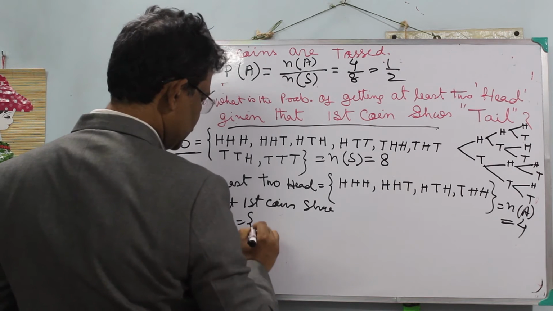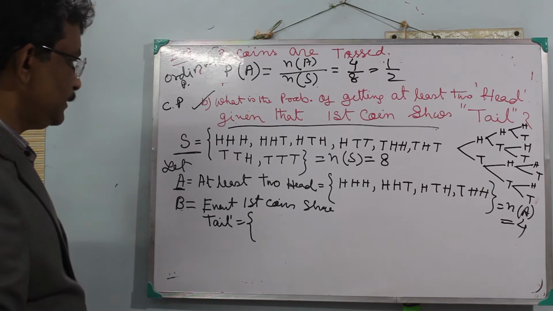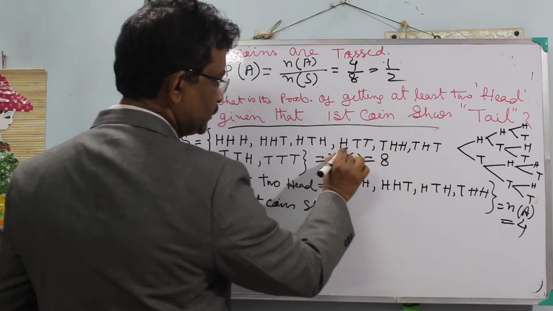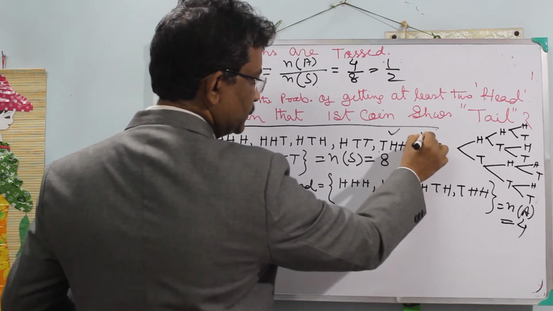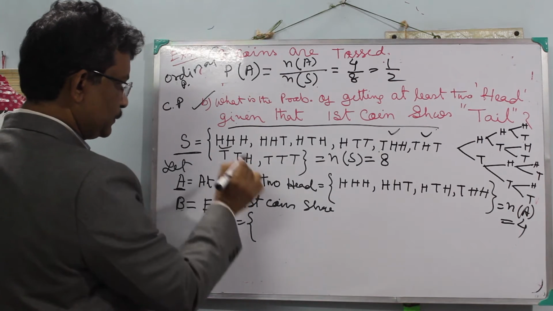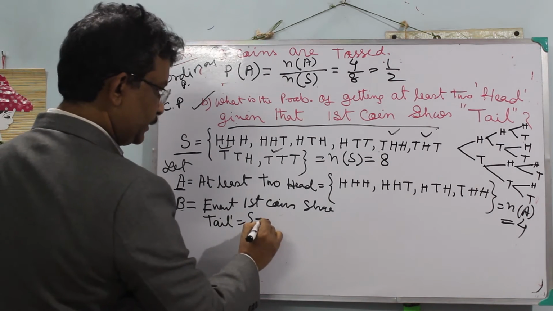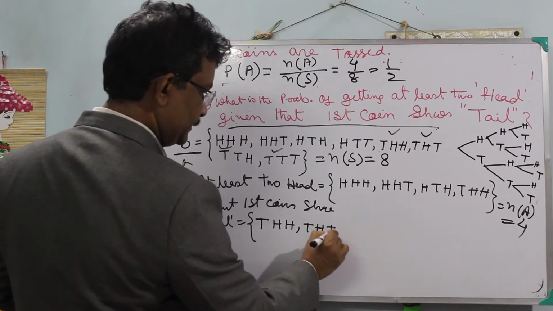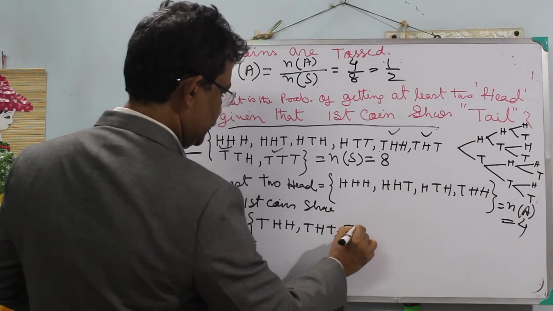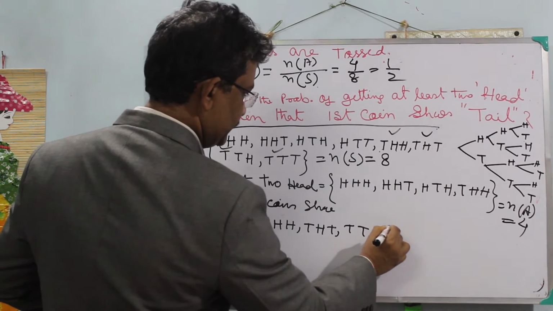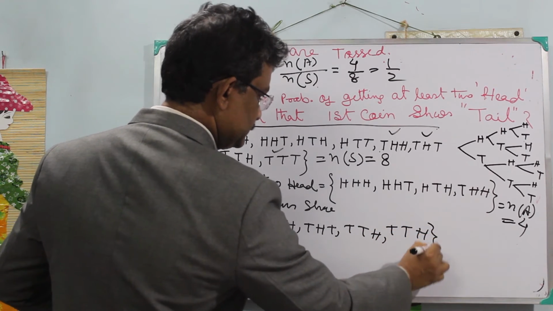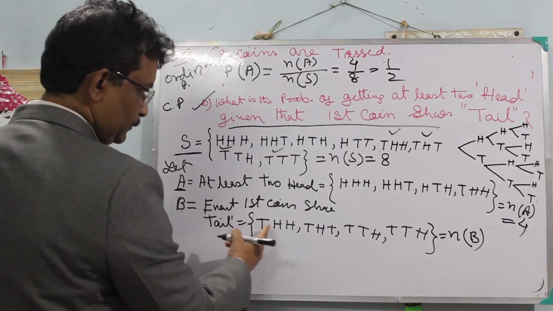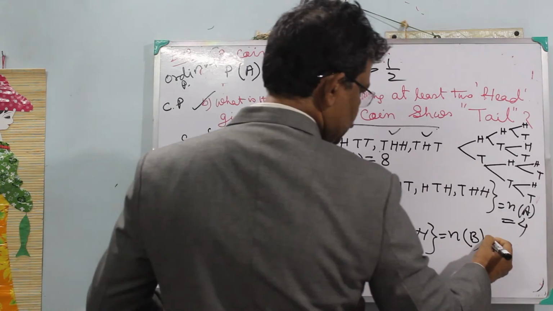The elements of this event, first coin shows tail: this one, this one, this one and this one. So tail, head, head; tail, head, tail; tail, tail, head; tail, tail, tail. So number of elements of event B: 1, 2, 3, 4, also 4.